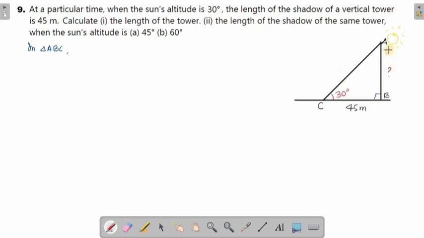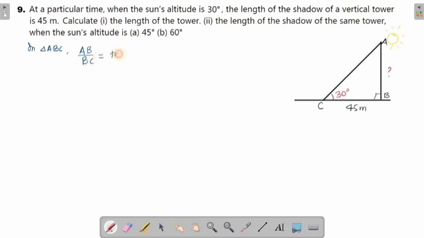You want to find AB, right? So this is the given angle, the side opposite to this, that is AB, becomes your perpendicular, and you have been given the base. So using perpendicular and base you have to form tan theta. So perpendicular, that is AB, by the base, that is BC, is equal to tan theta, right?